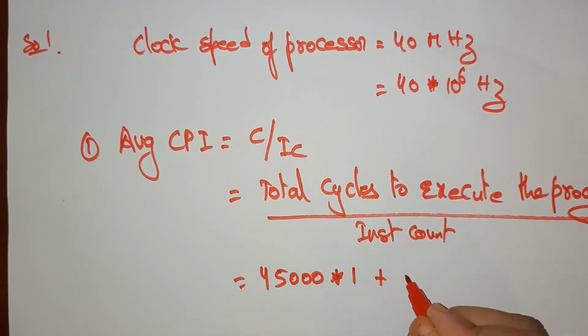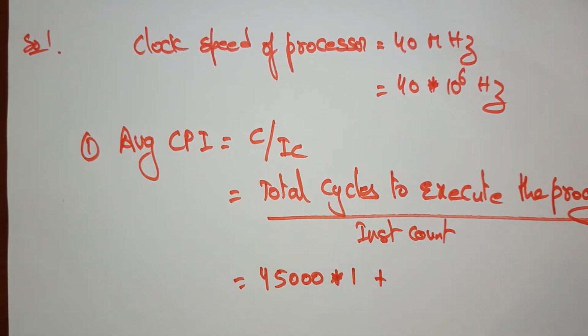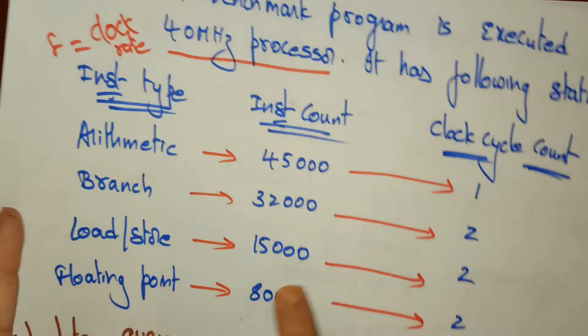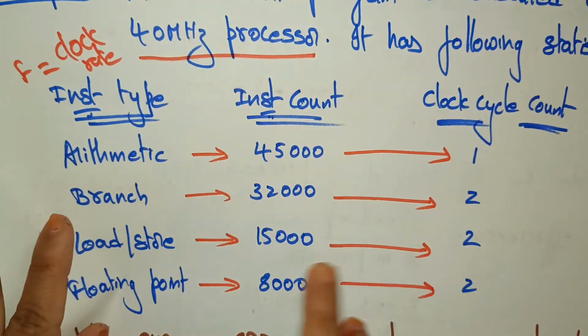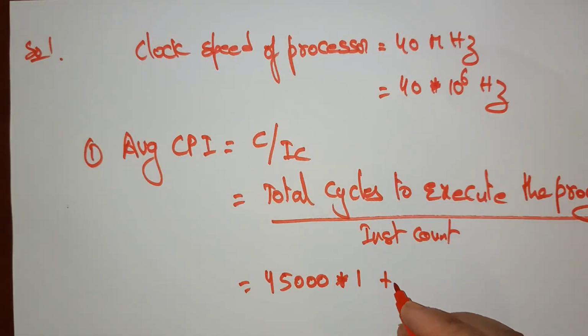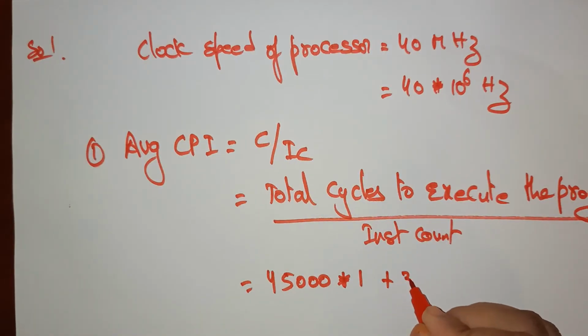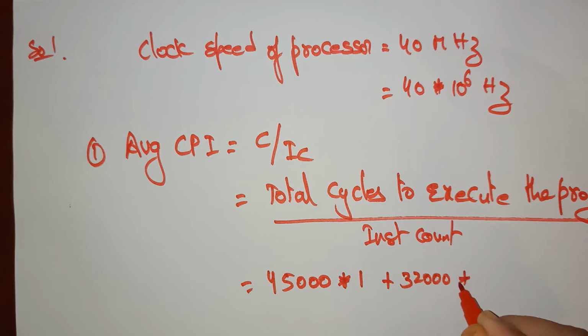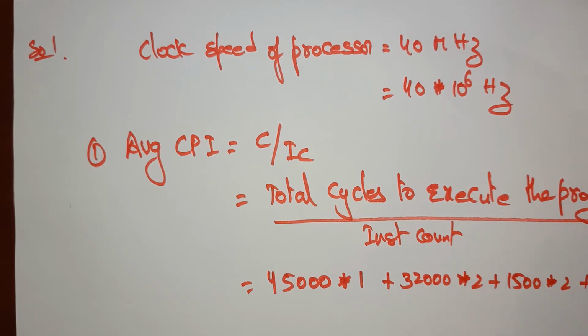The next type is the branch instruction. The branch is taking 32,000 and 2 cycles, 15,000 and 2 cycles, 8,000 and 2 cycles. So just apply that here: 32,000 into 2 plus 15,000 into 2 plus 8,000 into 2.